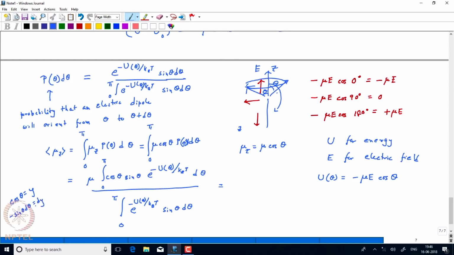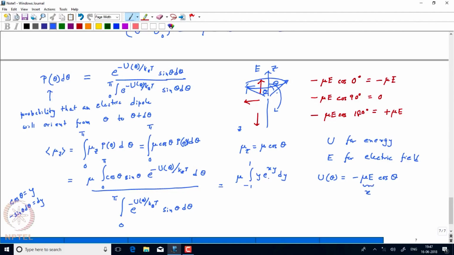In that way I can rewrite this expression as mu times the integral from minus 1 to plus 1 of y e to the power xy dy. But x is nothing but this quantity mu E, not with the minus sign, just mu E.